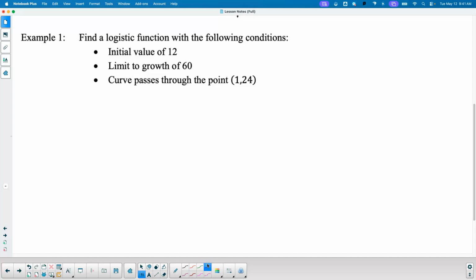What is that point on my function? 0, 12. We want to come up with f of x function equaling c over 1 plus a b to the x.